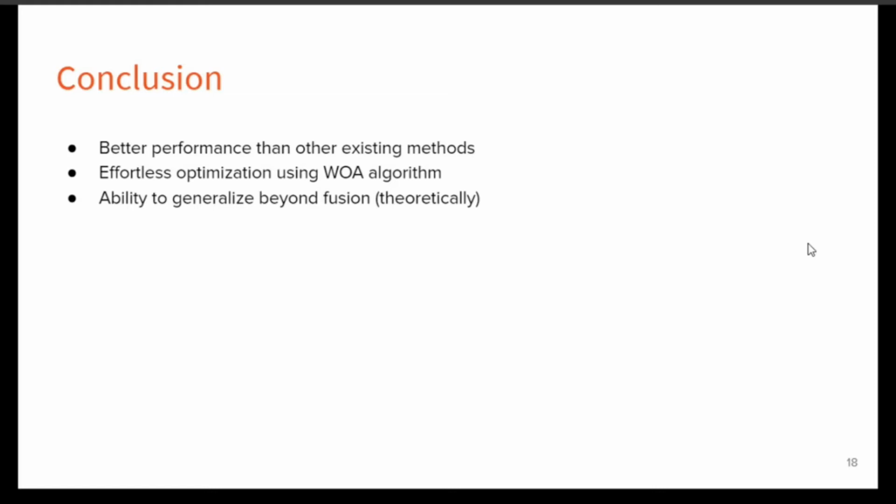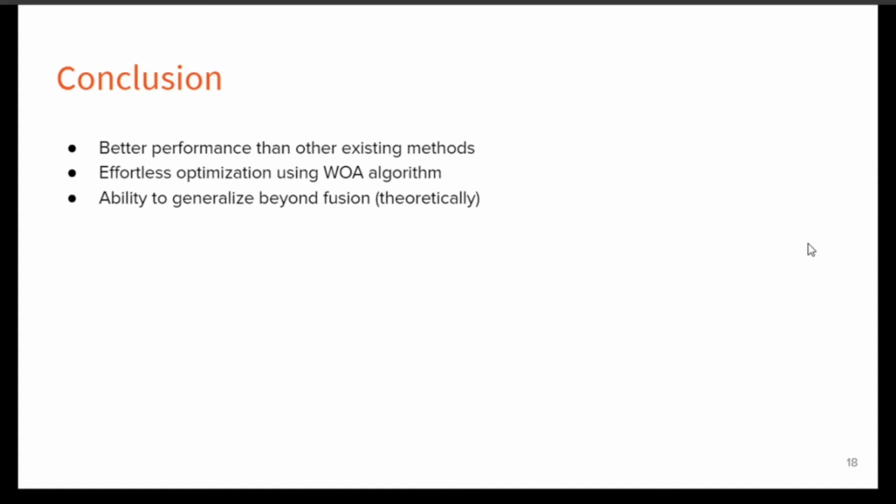In wrapping things up, we see that the proposed method, when put to test with other well-known image fusion algorithms, readily outperforms them all. The optimization process, which is of key importance here, is using the WOA, which is effortless considering no previous setting of parameters or training for reaching the global maxima.